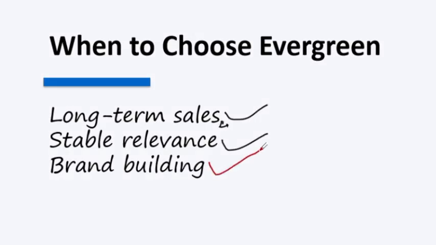When you are building a brand, you don't build a brand on trend, because the moment the trend dies, the brand dies also. You build a brand with long-term content, with long-term foresight, and that is what is important here. So if you are going evergreen, these are the scenarios where you apply those kind of books: long-term sales, stable relevance, and brand building.